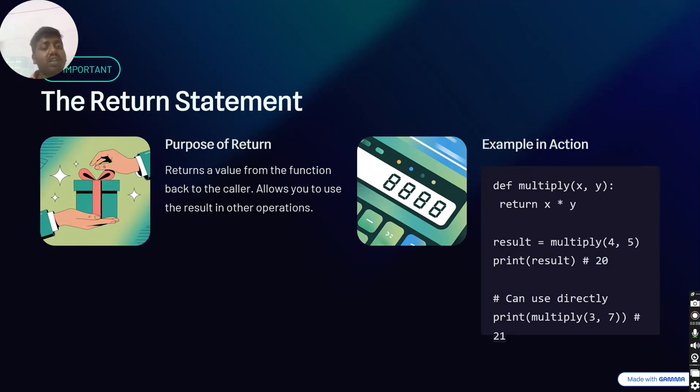The main purpose of a return statement is that it returns a value from the function back to the caller and allows us to use the result for further operations. Here we can see def multiply of x comma y, return x star y, and it returns the value of x star y, which we can use for further operations.